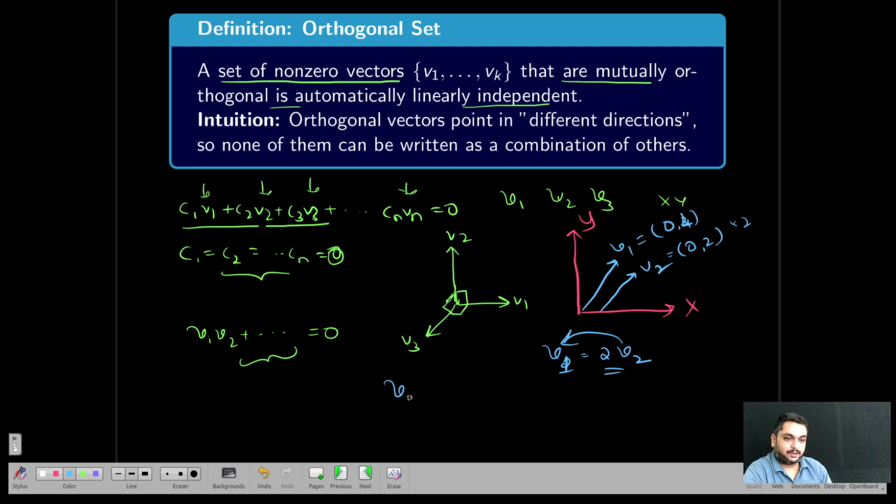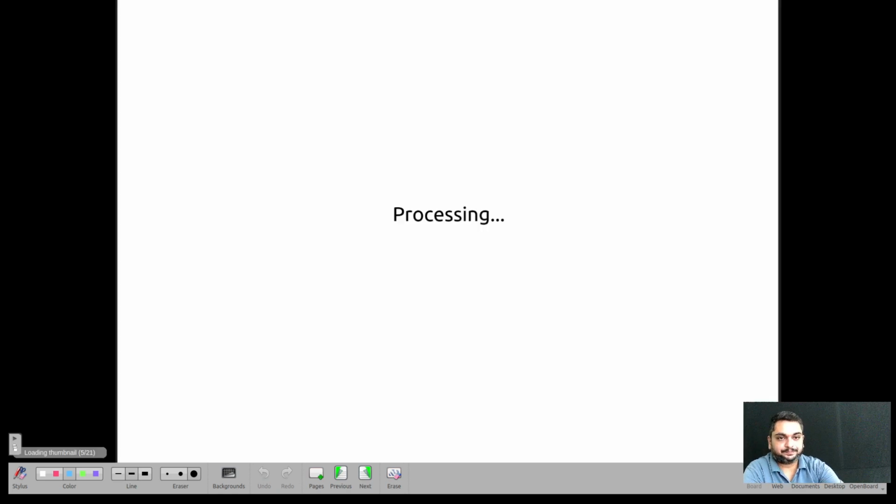So orthogonal means they are at a right angle to each other, so there is no dependency. Here I can write v equal to some constant times v2, then they become dependent. That is the concept here.